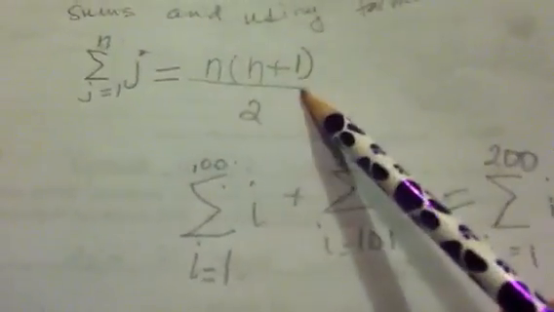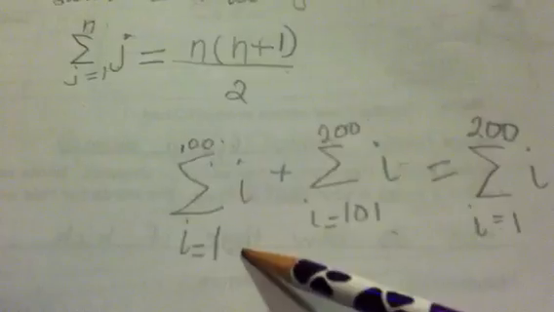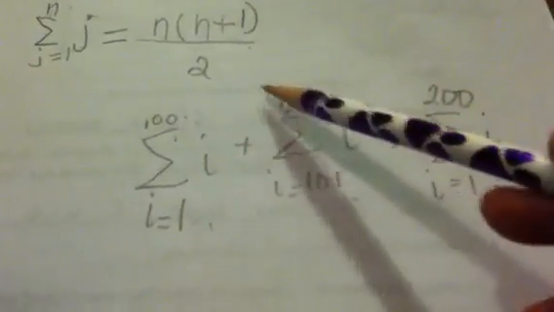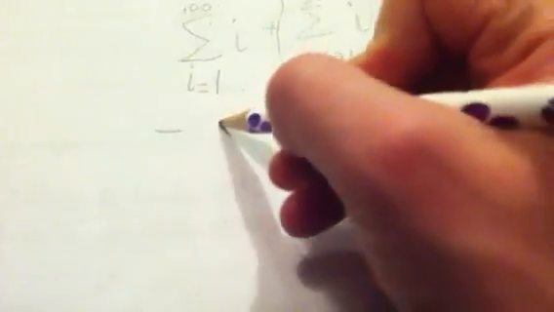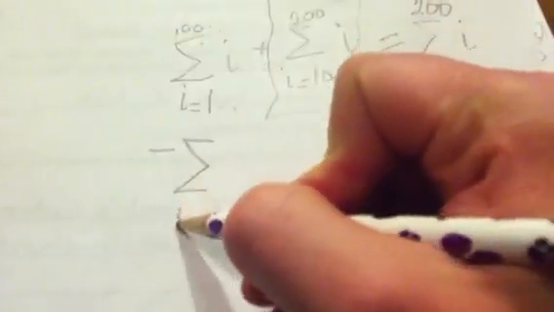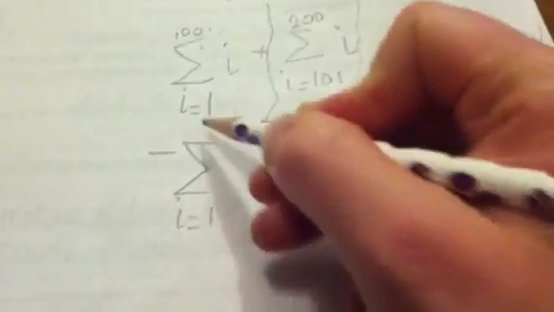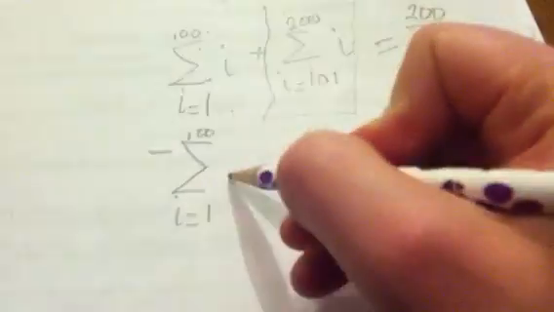So here, we can calculate this using formula 3, and we can calculate this from formula 3, meaning we can find this by subtracting, or finding the difference. The sum of I from 1 to 200 minus the sum of I from 1 to 100.